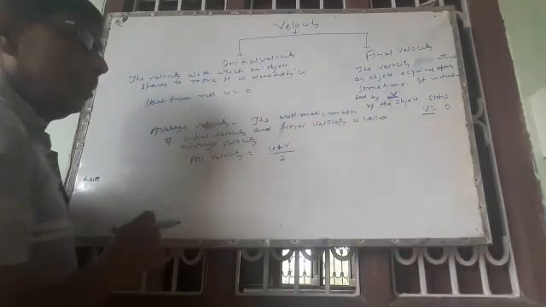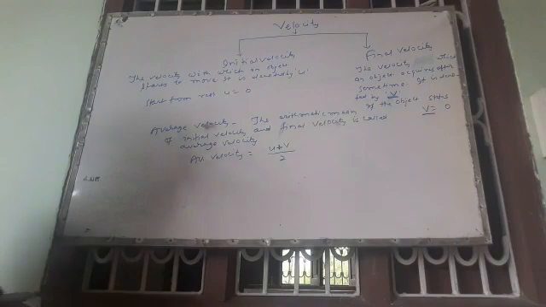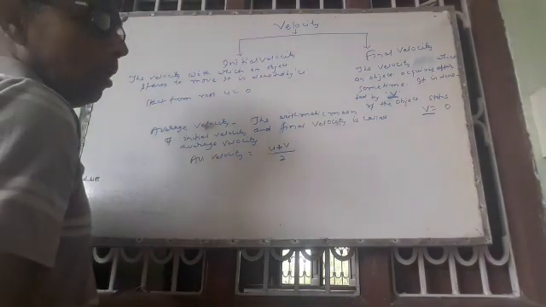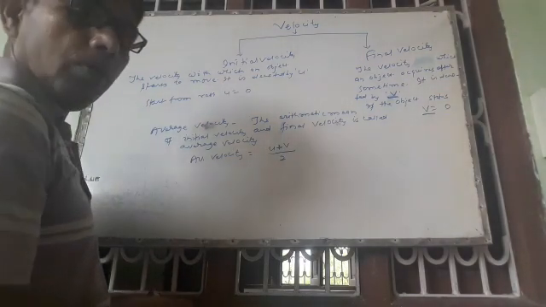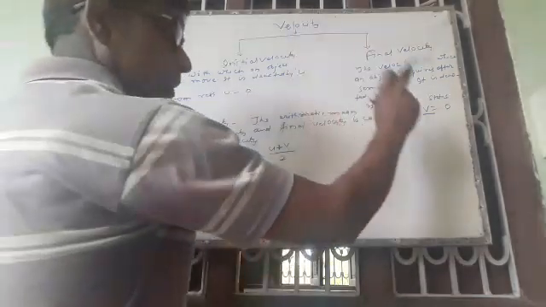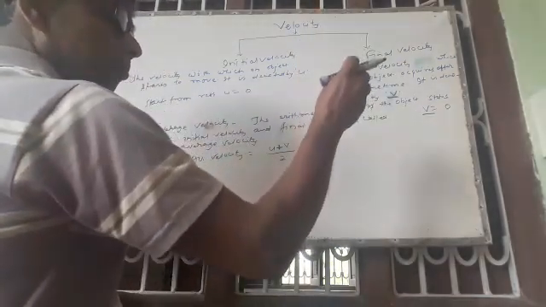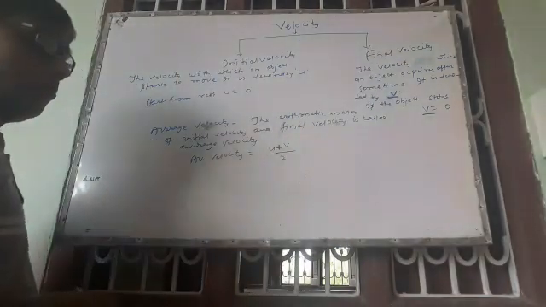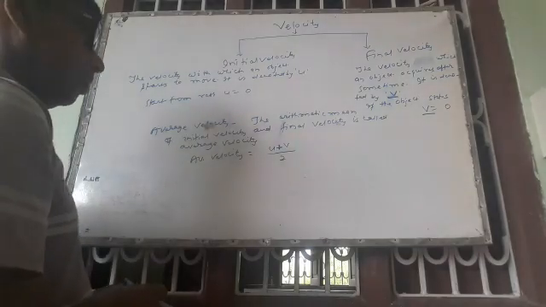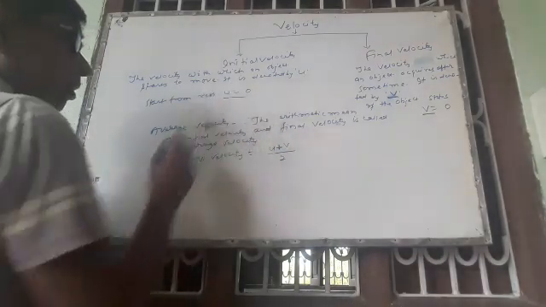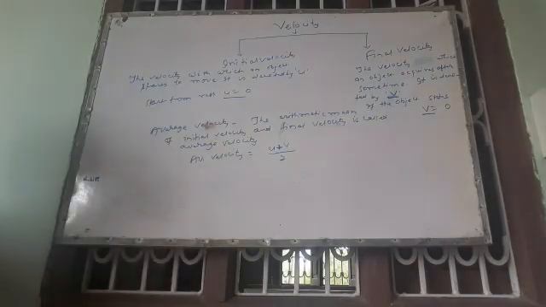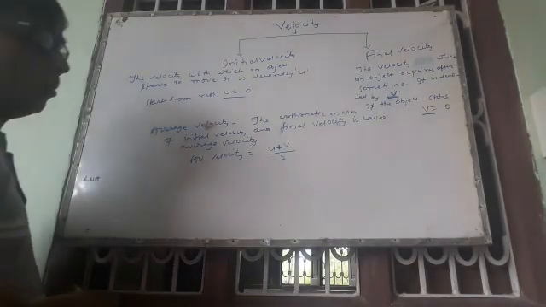So here are two conditions: u equals 0 if an object starts from rest, and v equals 0 if an object stops after a certain time.